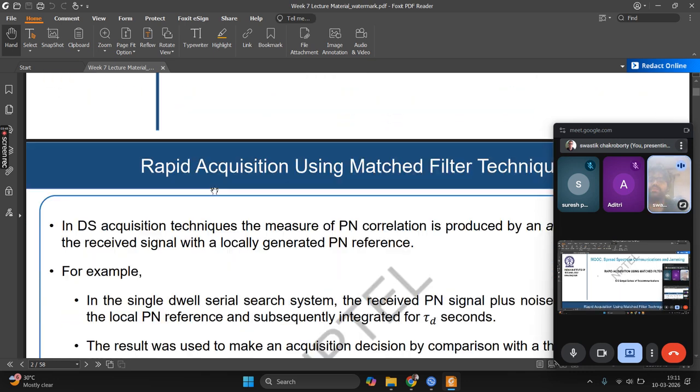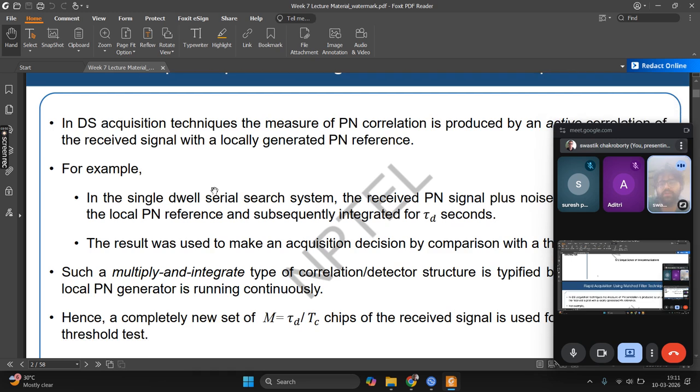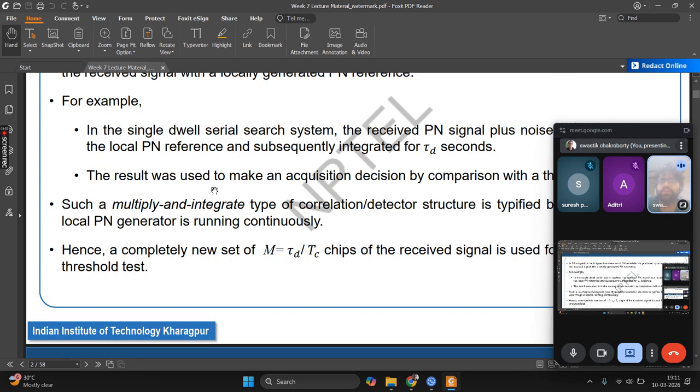The correlation technique has been covered in the previous week, but active correlation of the signal for a PN sequence is computationally heavy, because multiplying active correlation means you are multiplying the signal and the delayed version of the signal and then adding or integrating them.